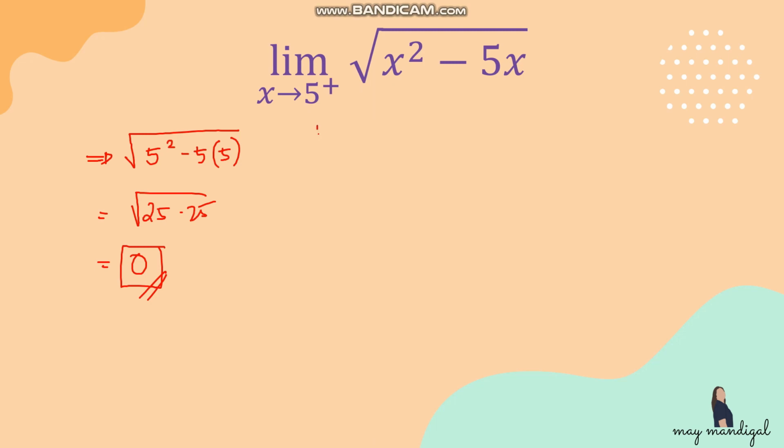Actually we can just get 5.0001, or let's write 5.00001. You can try any values, and then let's see at what value our function approaches if we use these particular values.